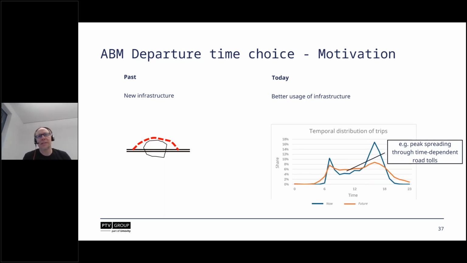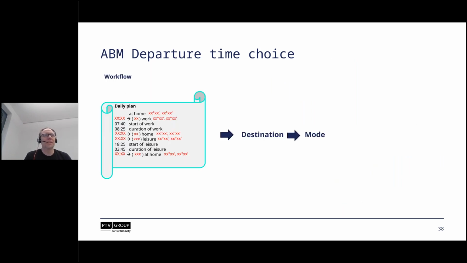Popular example for that is time-dependent road tolls, so that in the peak hours you set up a toll and try to spread the peaks a little bit to make more people drive in off-peak times. And for that, of course, you need to be able to consider time in your choice model, and so also in ABM. So besides destination and mode choice, we now support departure time choice, which sets the departure time for the whole tour of the agents.